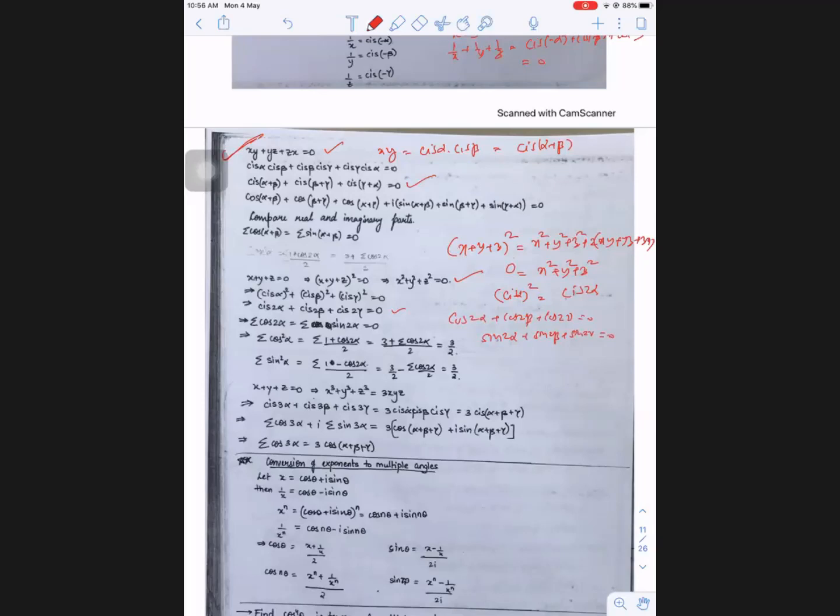These two statements you can say by that. Next, as the sum of cos 2 alpha is 0, if you write cos 2 alpha as 2 cos square alpha minus 1, the sigma cos square alpha result comes to 3 by 2. And by the same logic, sigma sin square alpha is also 3 by 2.